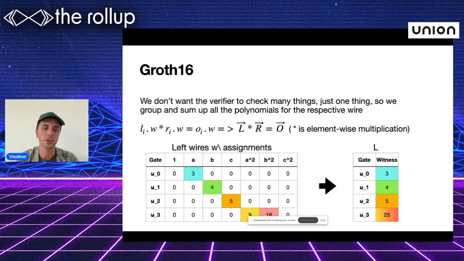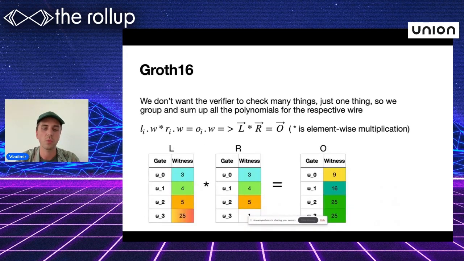You can see that we just removed all the zeros from the table and summed up all the rows. I have conserved all the colors, so you see the 3 and 4 and 5, and 25 is the sum of 9 and 16. We will do the same thing with the right wire and output wire, and we'll see that the relation still holds, so all the multiplications are still valid.